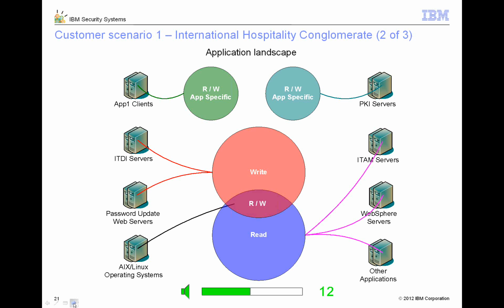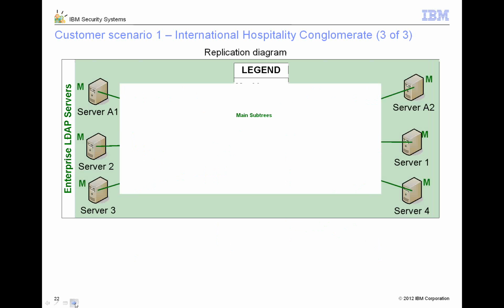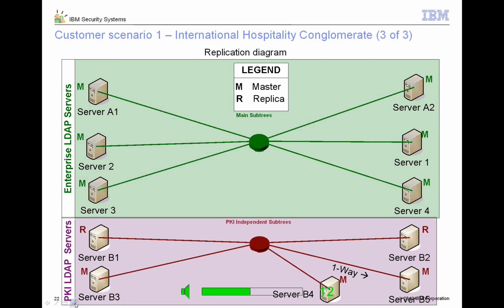So with that application landscape in the picture, let's look at the replication diagram. It's a pretty complex replication topology they have for TDS. You have enterprise LDAP servers, which consist of a multi-master topology, and you have different subtrees for PKI.